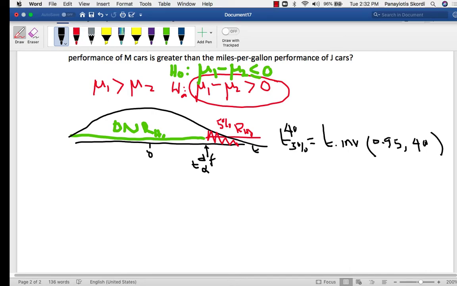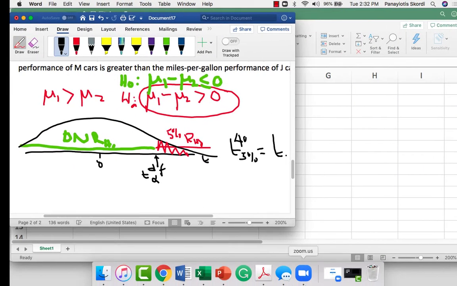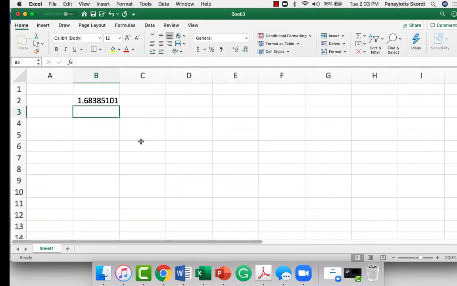Could I have a quick look at Excel? So if we use Excel, this is all we need to do. You can see that says t dot inverse 0.95 and 40, and once you put that into Excel, you're going to get 1.684.